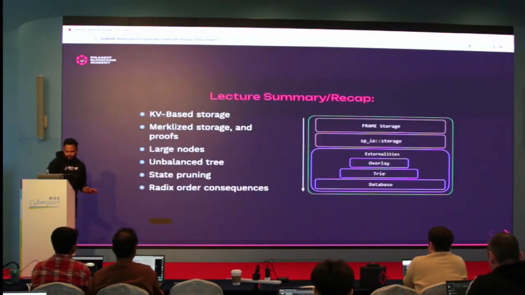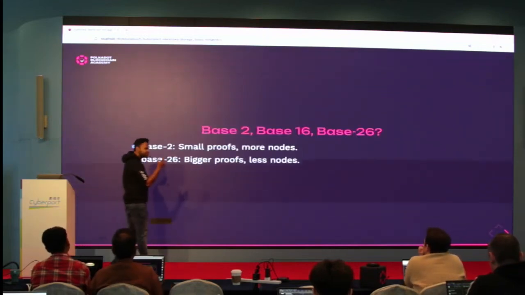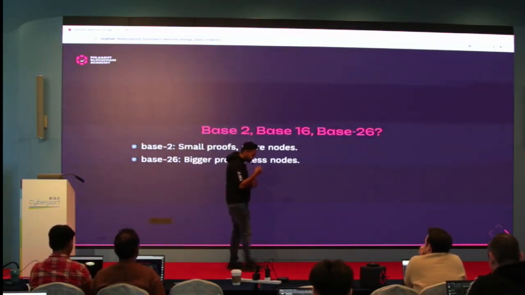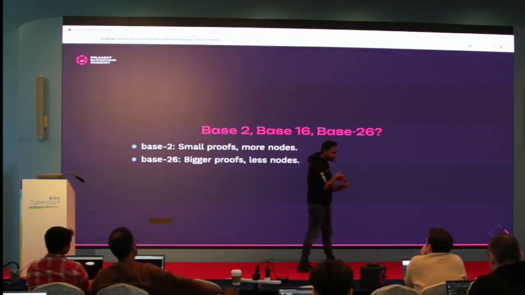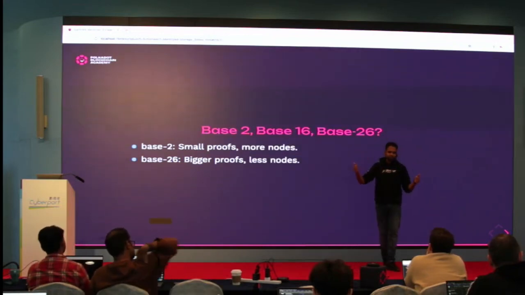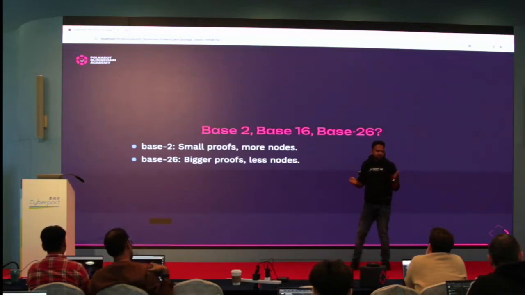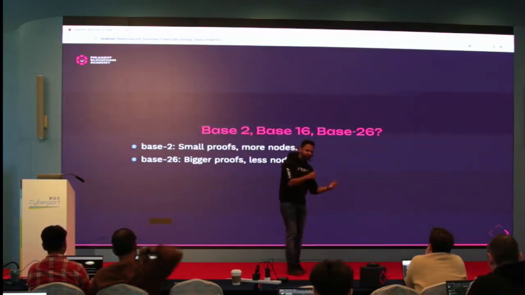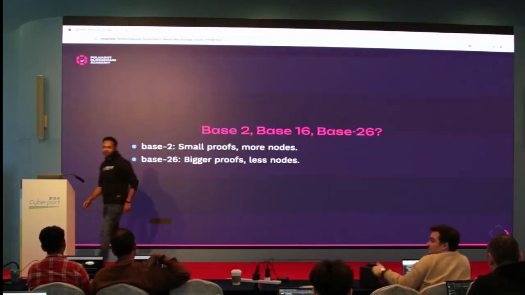I didn't find the actual research paper for this, but I have heard that we chose base 16, even in Ethereum and Substrate, because it was a good middle ground between IO and proof size. But if there are use cases where you want to optimize for one thing, go for it.